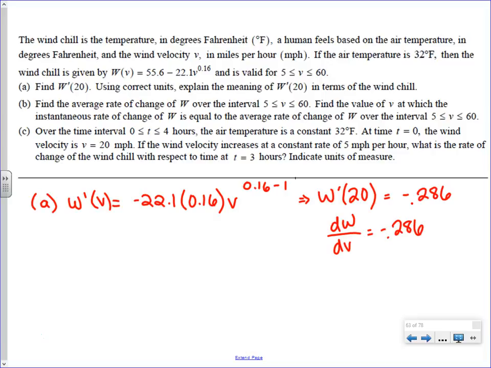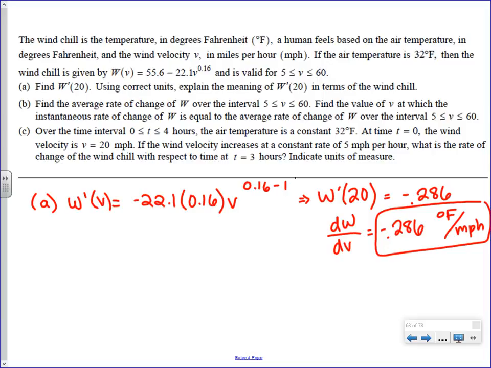Who's W? Degrees Fahrenheit. And who's V? Miles per hour. Awkward, right? But degrees Fahrenheit per miles per hour. Do you see that from the W prime? Not so much, but you do from the differentials, dW, dV.